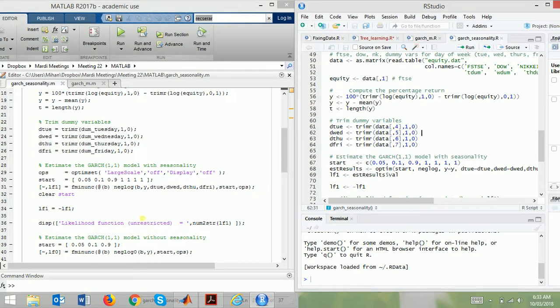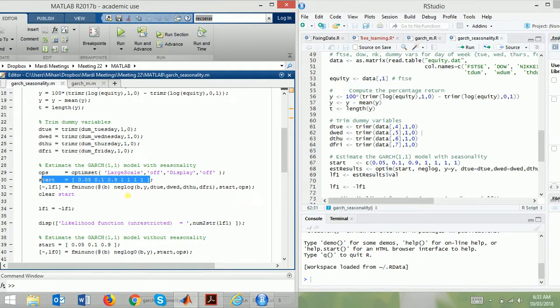Then the thing comes, let's just pass the GARCH model. We can start with any number we want depending on how many parameters we have. We had quite a lot of parameters, about 7 parameters. We pass the initial value for all the parameters, right?